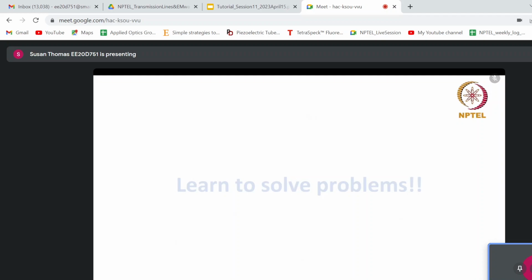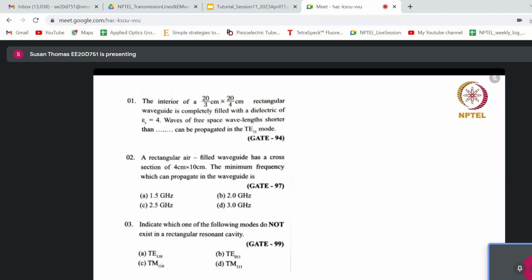For today's session, I would like to cover a few questions from waveguides. Especially this week, I'm trying to solve some GATE questions from the waveguides portion. Every question is taken from one or the other GATE question paper.